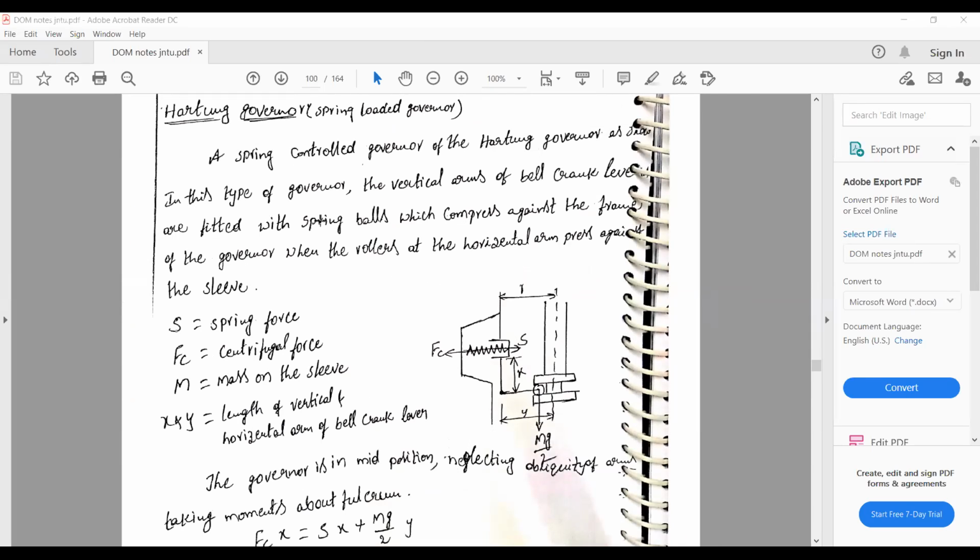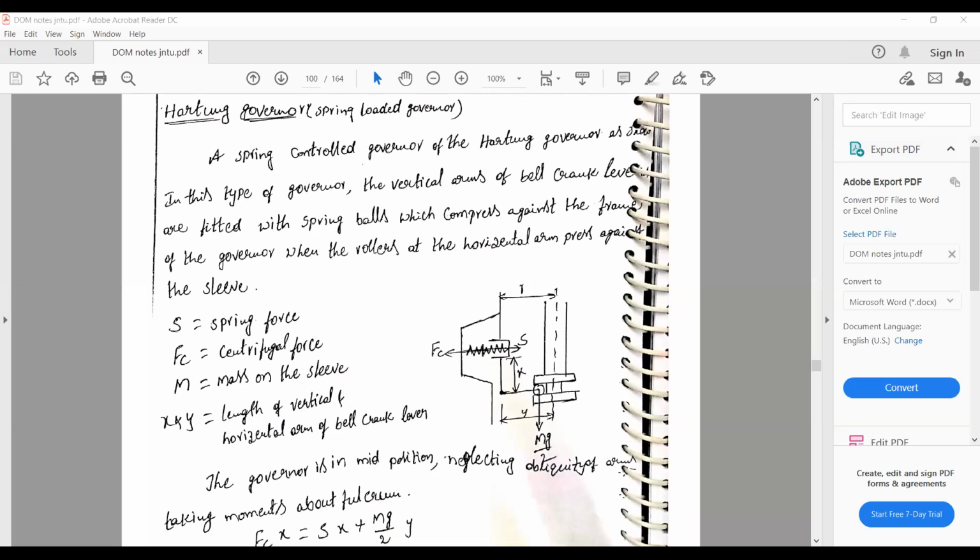Just observe that. We will take only one side of the diagram. What are the forces in this structure? That is the centrifugal force Fc, and the spring force, which acts towards the inside.